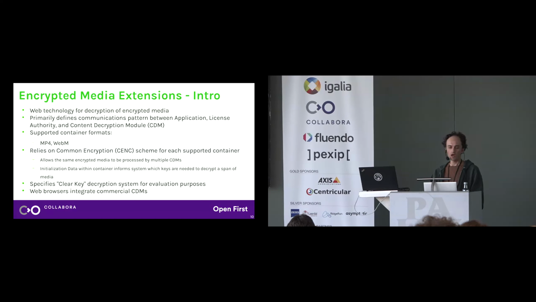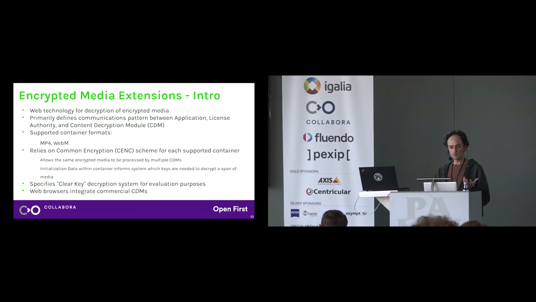The license authority is typically a web service owned by the rights holder or the rights provider. And then the content decryption module is software on the device. That's typically some secret stuff that prevents users from figuring out how to steal the media, basically. That's the goal of it, at least.